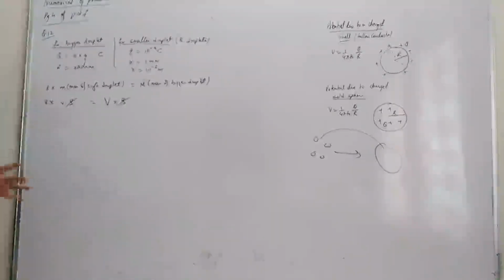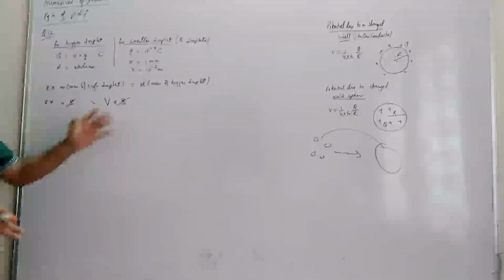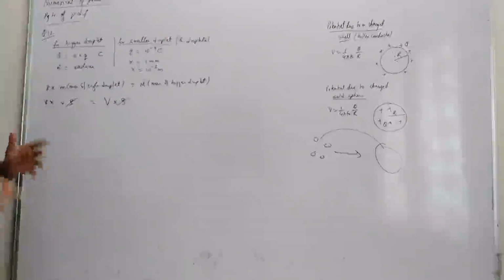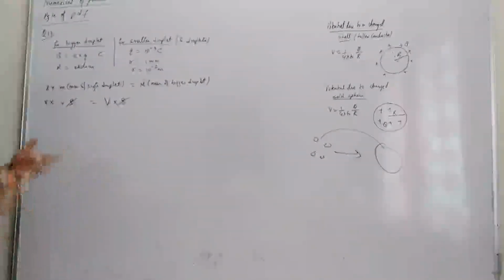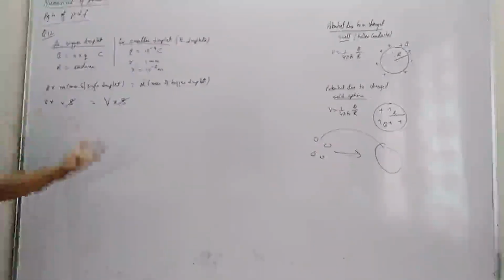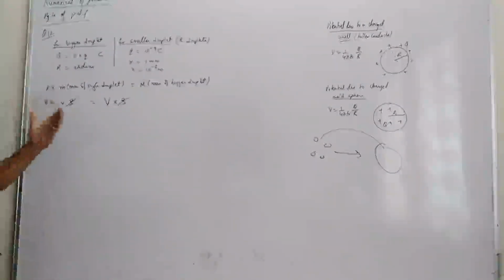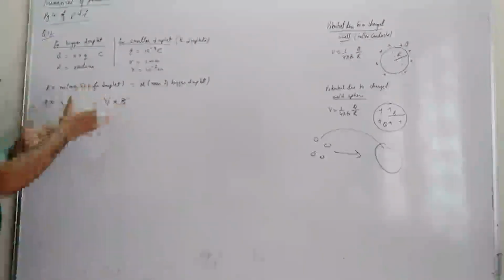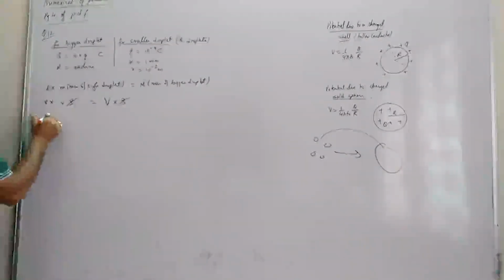Sometimes in entrance exams the densities change, and in those cases applying volume conservation makes the concept wrong. We have to go for mass conservation, because it works even if density changes. So we got 8 into volume.